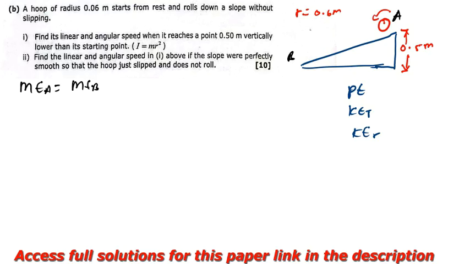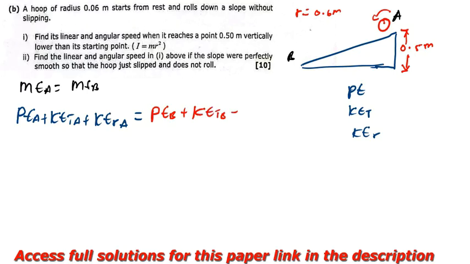Meaning that the mechanical energy at point A needs to have 3 terms: the potential energy, the translational kinetic energy, and the rotational kinetic energy at point A, being equal to the same thing at point B. That is potential energy at point B plus translational kinetic energy at point B plus rotational kinetic energy at point B. Now, let's analyze this.